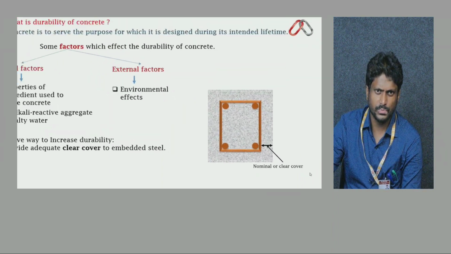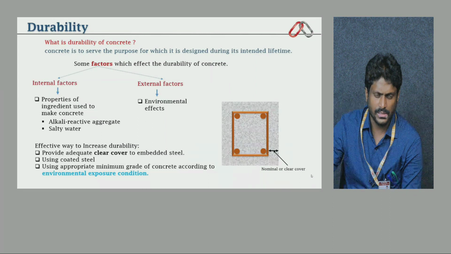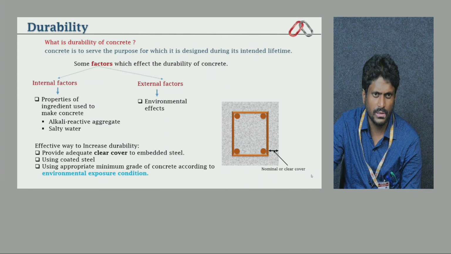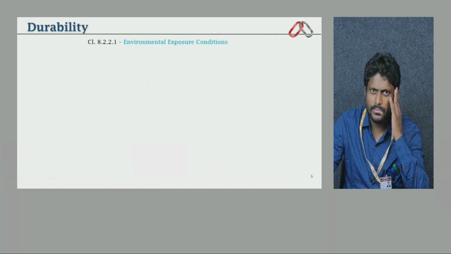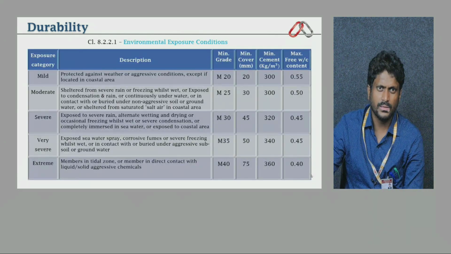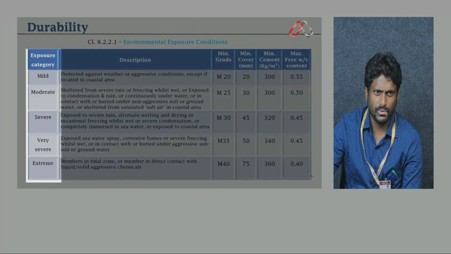Otherwise, if it is exposed to air, direct air entrance will happen and there is a chance of corrosion. Using coated steel is also a very good thing to increase the durability, using appropriate materials. Then there are some environmental exposure conditions: mild, moderate, severe, very severe.